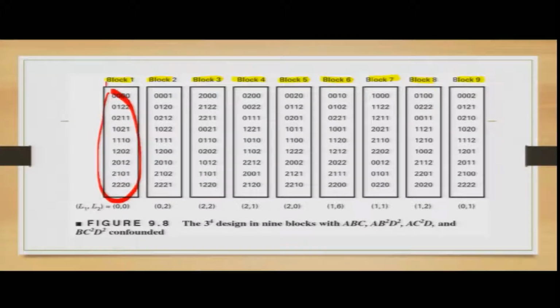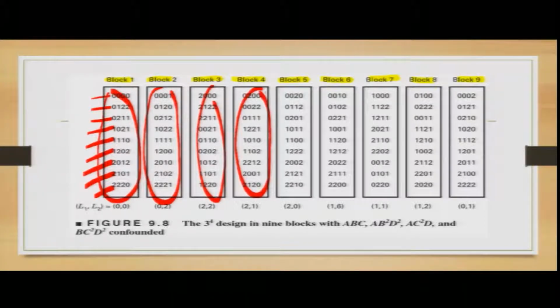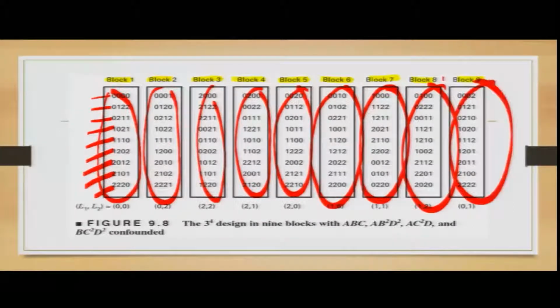So, note down the numbers: 1, 2, 3, 4, 5, 6, 7, 8, 9. Similarly, block 2, block 3, block 4, block 5, block 6, block 7, block 8 and block 9. So, this is for the 3 to the power 4 design, and based on that you can differentiate the blocks and do your analysis accordingly.